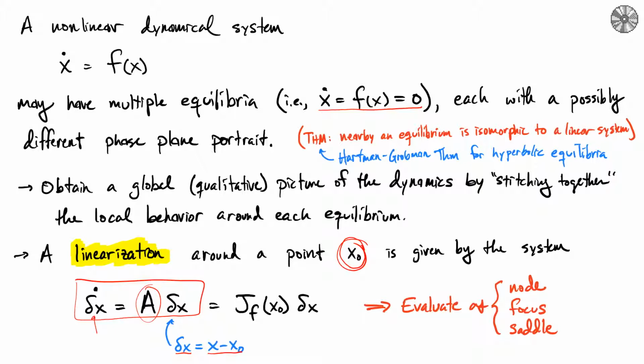And that A is the important part. That A is going to be the Jacobian of the function f, our original dynamics function, or vector field, evaluated at the point x0. Using that matrix, we can then evaluate this equilibrium x0 as a node, a focus, a saddle, etc. What we're going to do next is define what that Jacobian actually is.